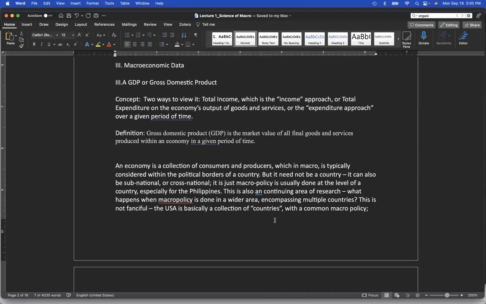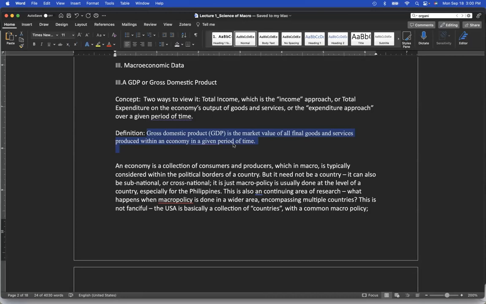So first, principles coming from ManQ. What is gross domestic product? So we can have a definition. GDP, or gross domestic product, is the market value of all final goods and services produced within an economy in a given period of time. So if you studied macro before, this is probably your working definition. Okay.